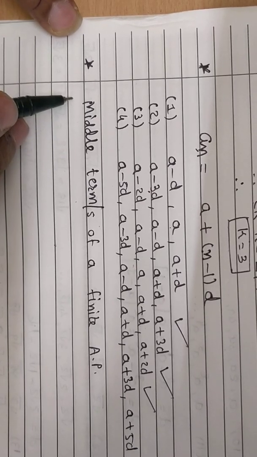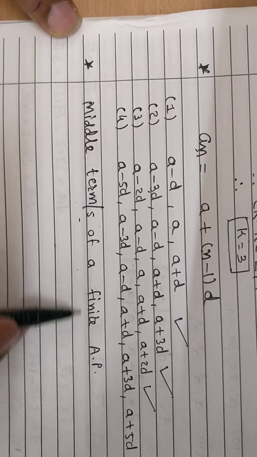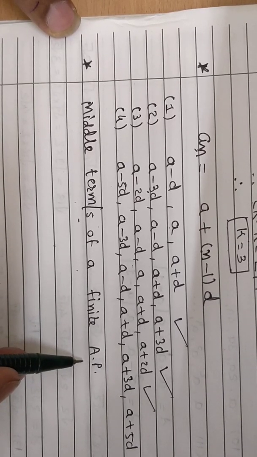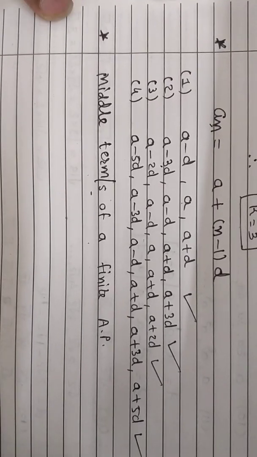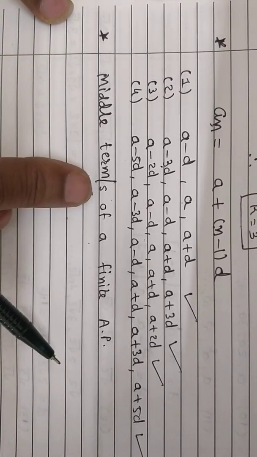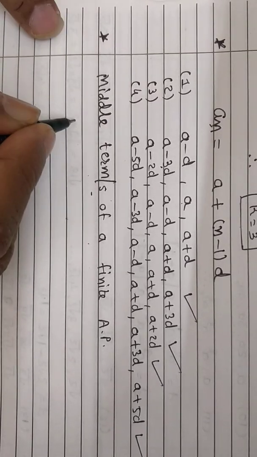Now if we want to find the middle term or middle terms of a finite AP, what is the formula?